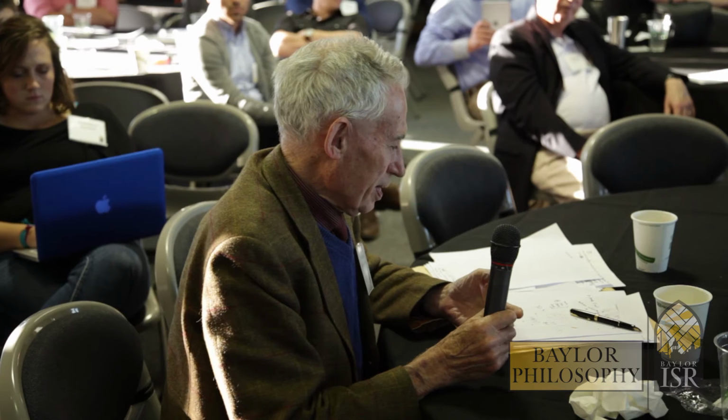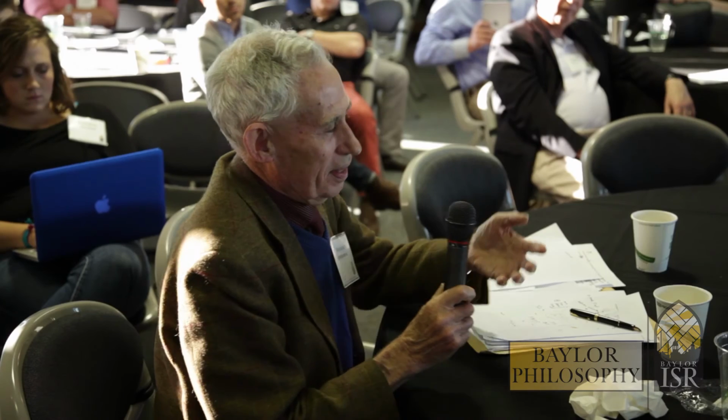Okay, next question, Richard Swinburne. Really a follow-up to this. As you know, the probability of any necessary truth on any theory at all is 1. And that means that no necessary truth can be evidence for theism. Half the arguments given in this conference seem to me, without the reformulation suggested, to be starting from necessary truths.